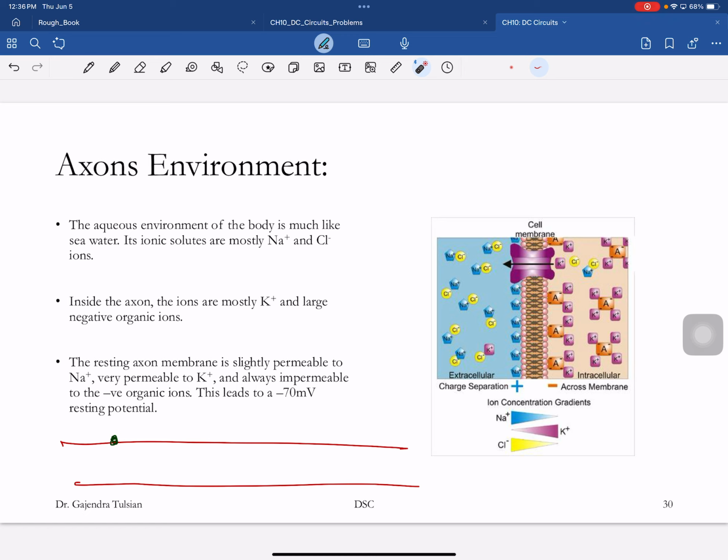Remember, the inside was negative, so the sodium ions run in. They have a higher concentration outside, and in addition, there's an electrostatic attractive force. A whole bunch of them will run in.